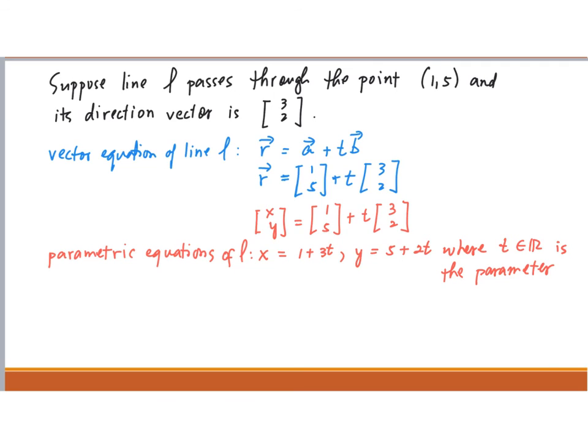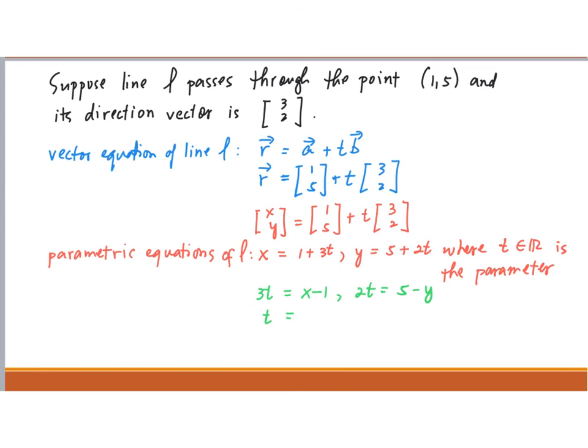In the x equation, for example, we could write that 3t is equal to x minus 1, and in the y equation, 2t is equal to 5 minus y.